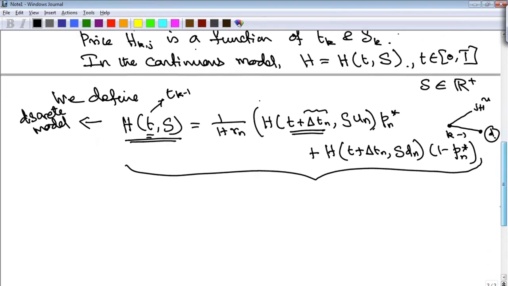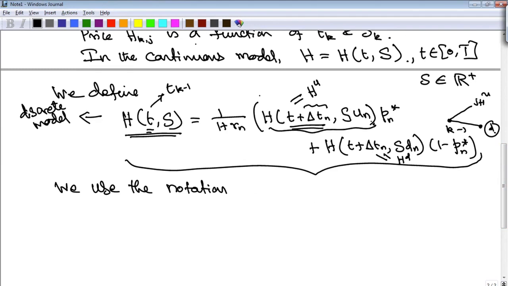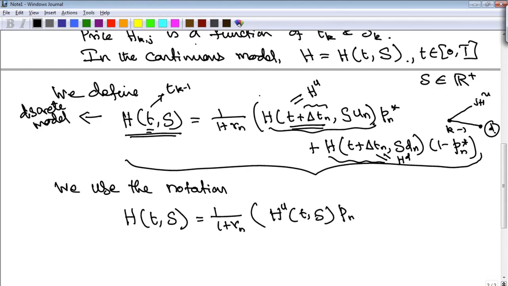Okay, the same thing we are writing in a different notation, and we use the following notation. This is just for the convenience. I will use this as hu and this as hd. That is the first term h I will use as hu, and the second term h I will use as hd, and then I write h of t comma s as 1 by 1 plus r_n into hu of t comma s times p_n star, plus hd of t comma s times 1 minus p_n star.